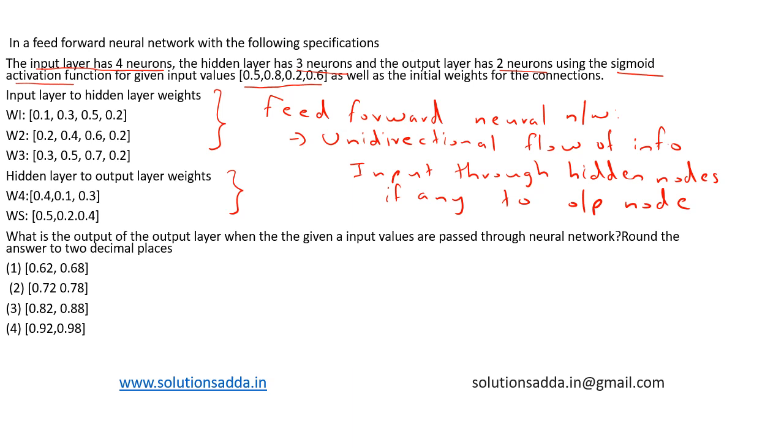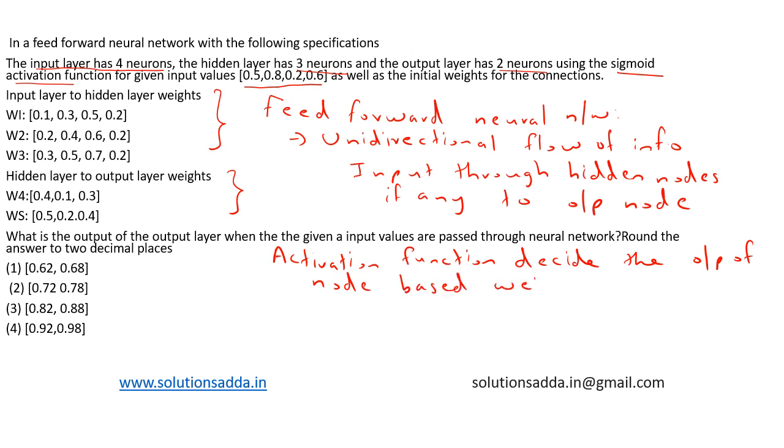Now the second concept is the activation function. The activation function of a node in a neural network is a function which calculates the output of that node based on the input and their weight. So the activation function decides the output of a node based on the weighted summation of its input value.